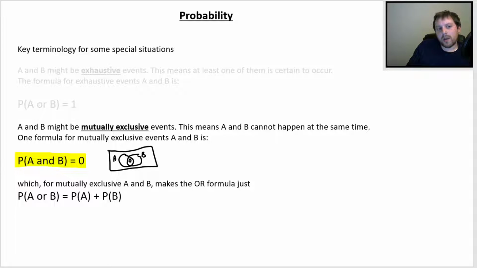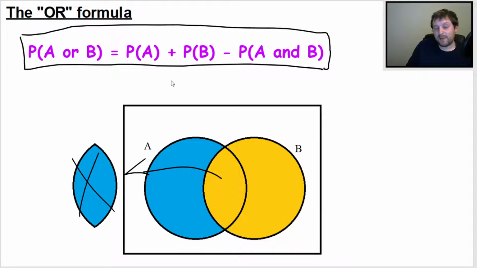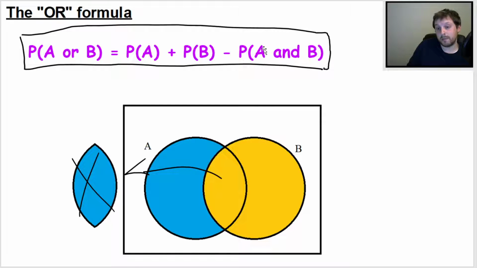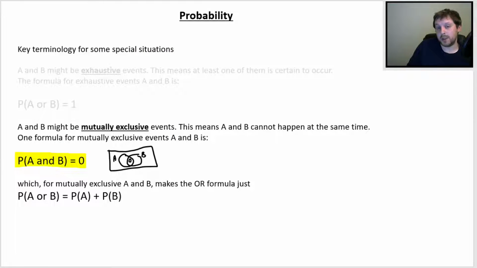So if you think about what that would do to the OR formula if we were mutually exclusive, this bit here would just be 0, because the probability of A and B would be 0, so it would be minus 0, it just wouldn't be there, which is why it would simplify to this formula here. So this formula here is a special case of the general OR formula for when A and B are mutually exclusive. It basically just gets rid of this bit here, because that bit there is just 0 if A and B are mutually exclusive.